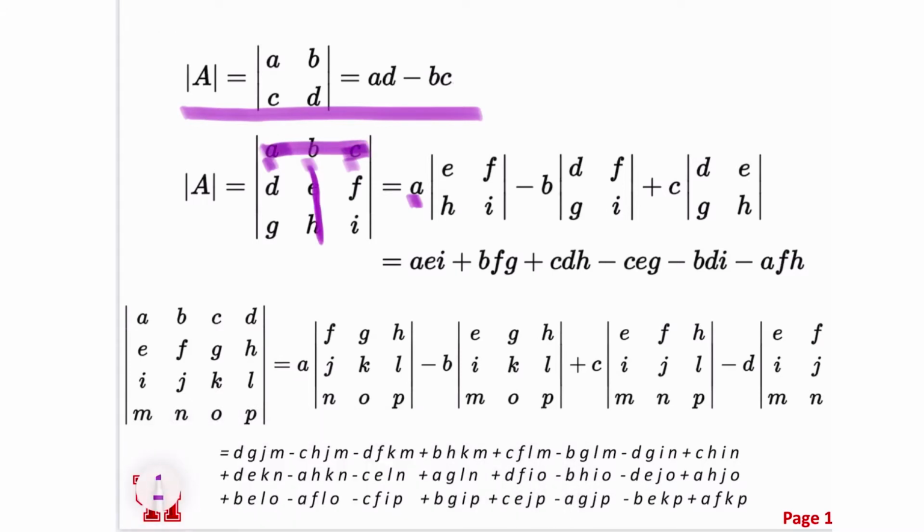And so I get a D, an F, a G, and an I. And that gives me my terms here. And then finally, I take my C term, I cross out these, and all I have remaining is D E G H. And so if I expand that out, then I get these 6 terms here, which isn't terrible, but something we can do. A 3x3 isn't too bad.